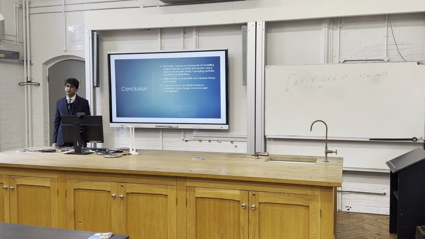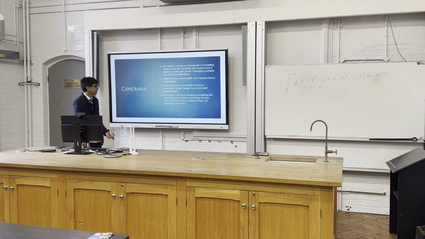But it's a very core tool used in quantitative finance, investment banks, hedge funds, and asset management. The key part is that it's all about quantifying risk, structuring uncertainty, and finding the best outcomes over many possible futures. It's not predicting the future.